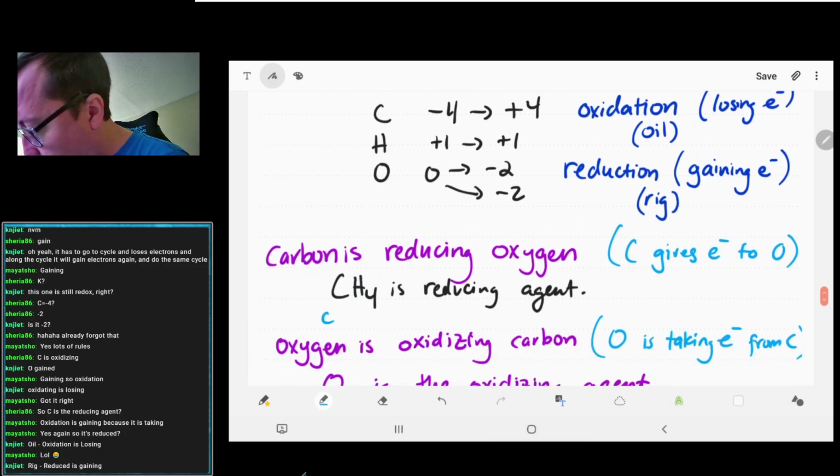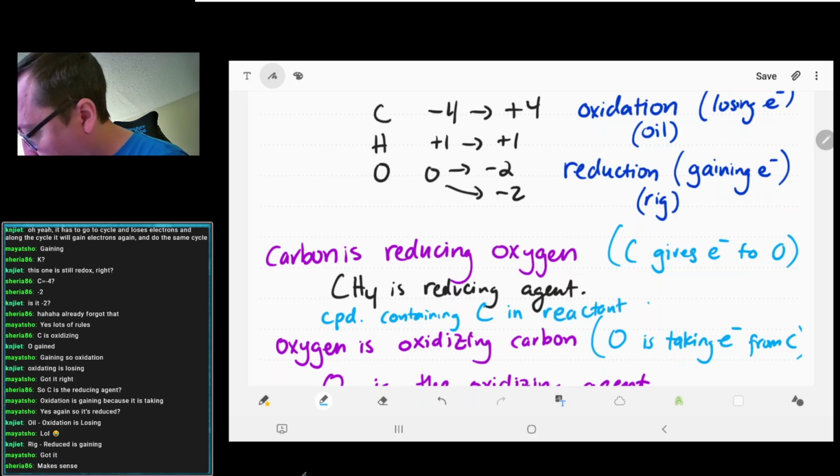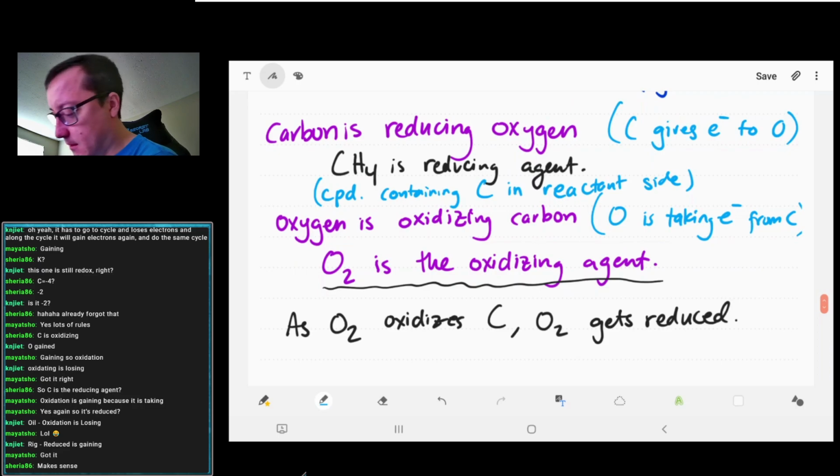So this is the compound containing carbon in the reactant side. So yes, the element, you're absolutely right, Sherry. Carbon is the one who's doing the reduction, but convention is we say the compound that carbon is part of in the reactant. Isn't this exciting?